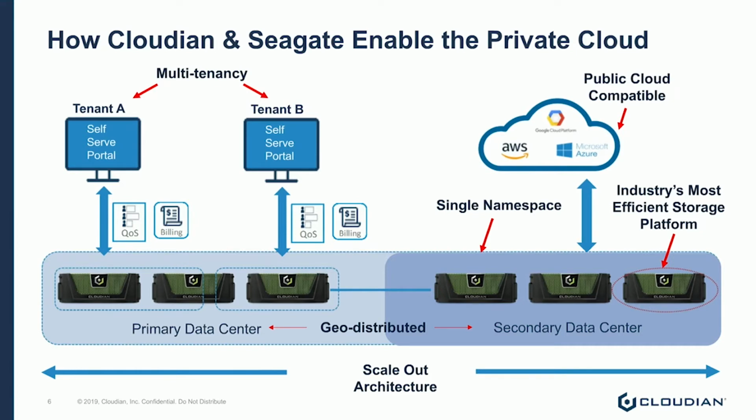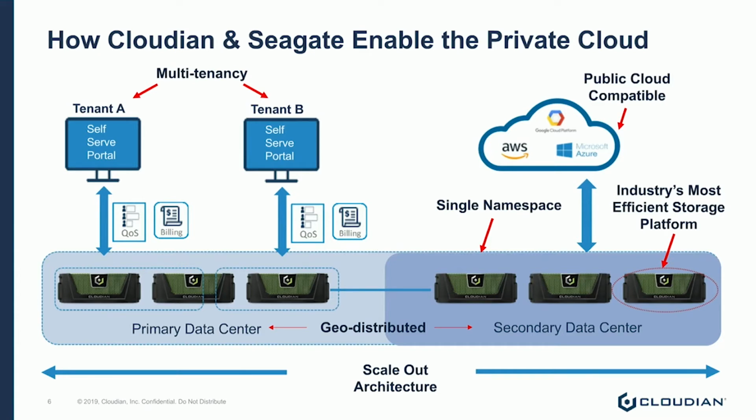Of course, it's a scale-out architecture, which means that as capacity requirements grow, you simply add on devices, or nodes as we call them, and those get folded into the overall storage infrastructure, and that means that you have that elasticity of growth. And of course, it's public cloud compatible.